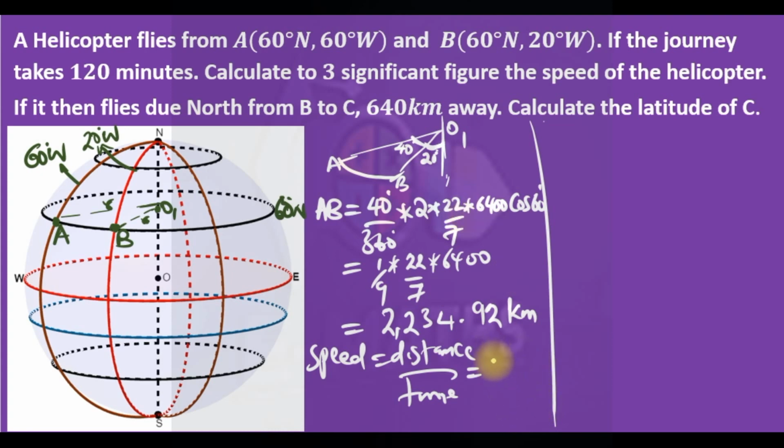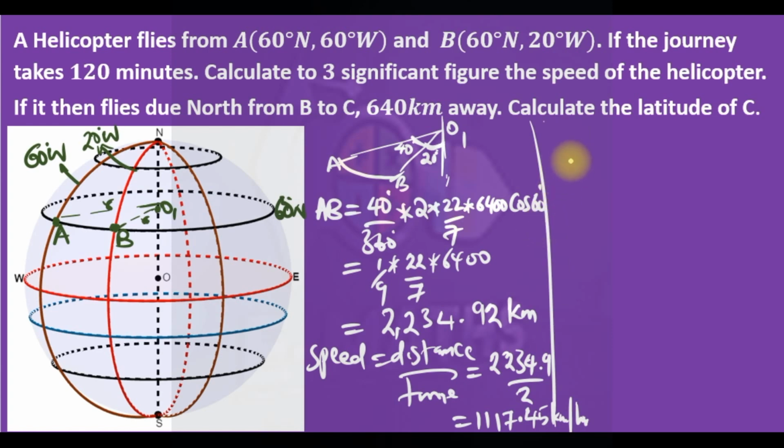So I divide by 2. 2234.9 divided by 2 is 1117.45. So that's our speed, kilometer per hour.